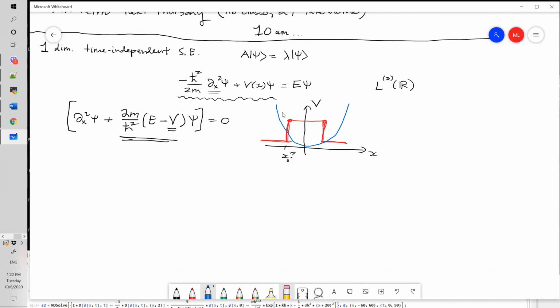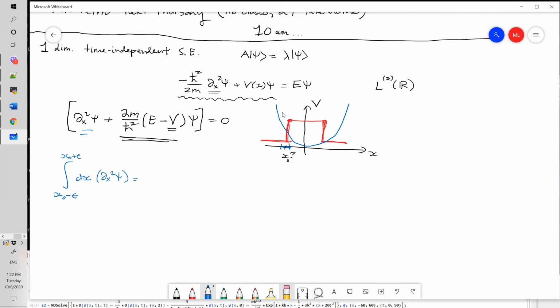A common thing to do when you have any kind of singularity like that, or jump discontinuity, is you just integrate around this discontinuity, and you see what the equation tells you. So you integrate from x0 minus a little bit to x0 plus a little bit. When you integrate the second derivative, this is the fundamental theorem of calculus.